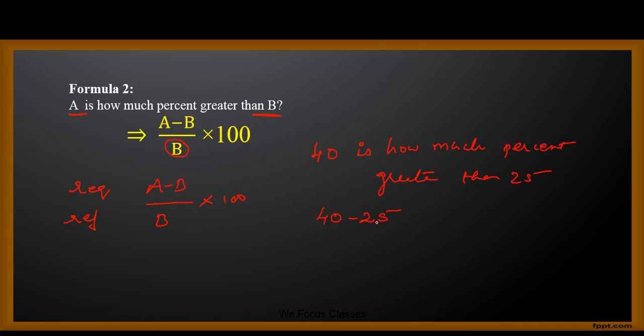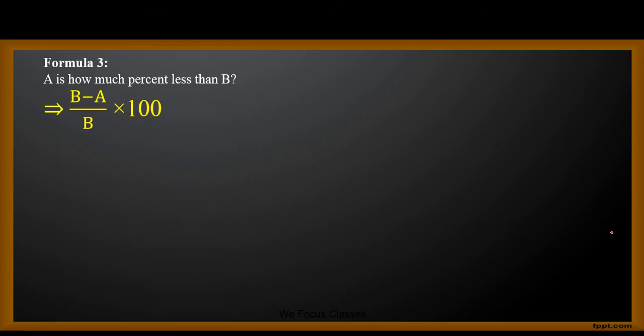This is the required value. What is the reference value? We are comparing this with 25. So 25 has to be taken in the denominator into 100. That equals 15 by 25 into 100, that equals 40%. Let us go for the next one.